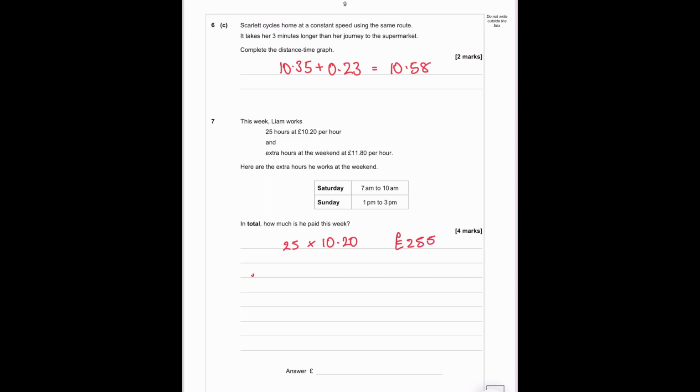On Saturday, he did 3 times £11.80, 3 hours overtime, so that gave him £35.40. On Sunday, he did 2 hours at £11.80, which gives us £23.60. If we add all those together, it gives us a total of £314.